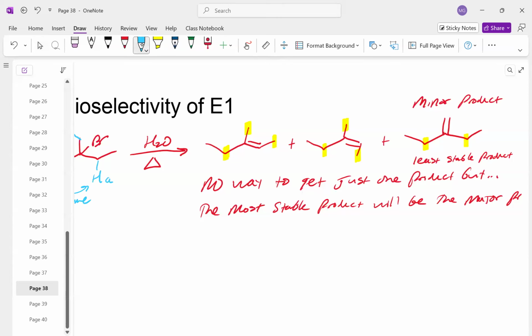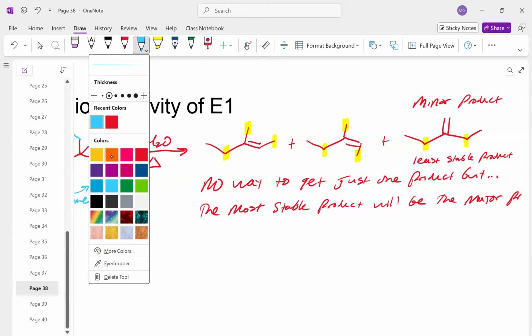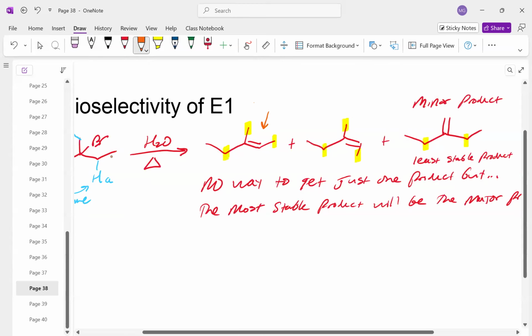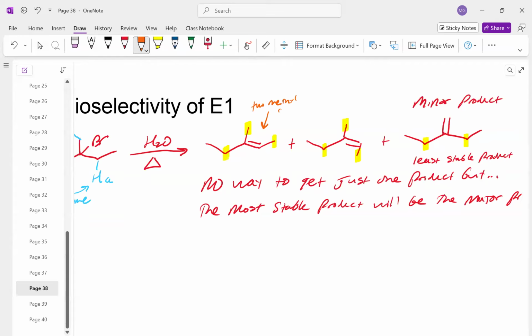So in the first one, notice here you have 2 methyl groups cis to each other. And then I'll just draw on the hydrogen here. Here you have the ethyl cis to a hydrogen.